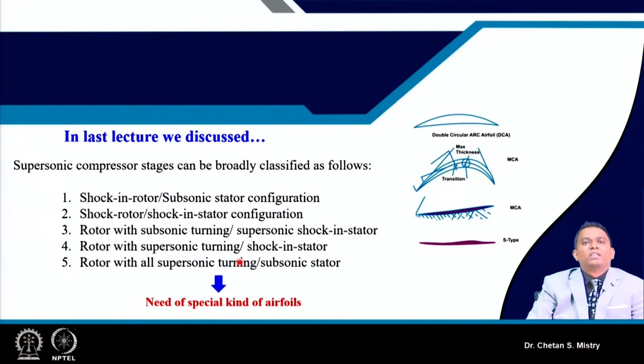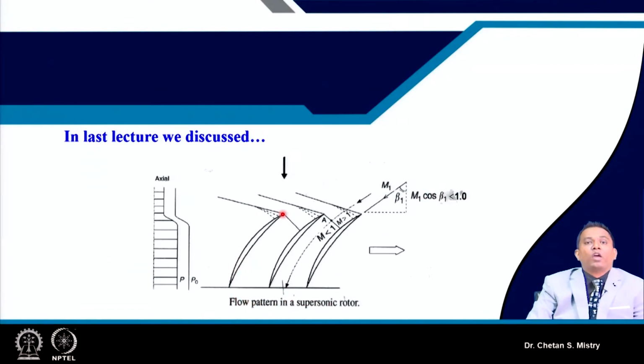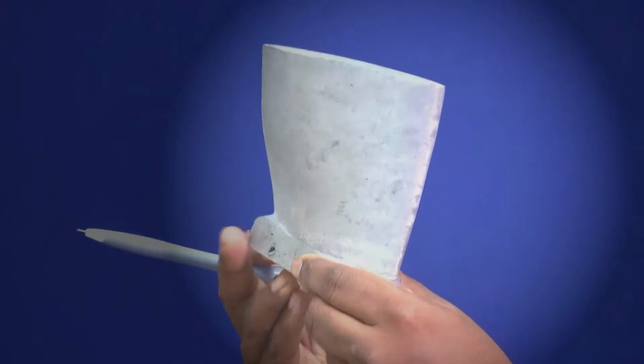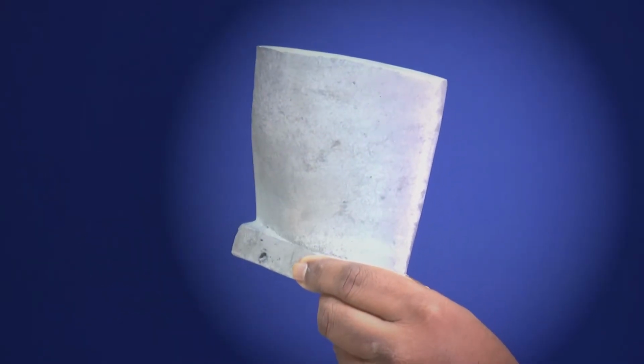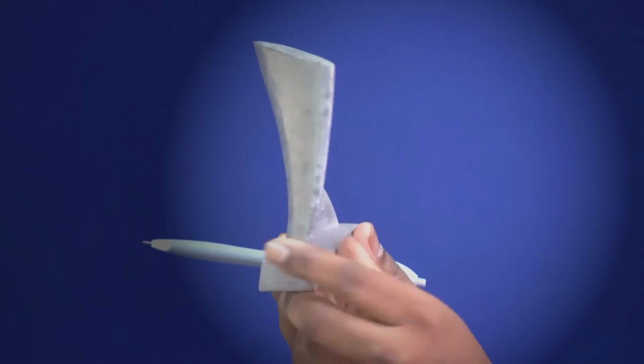Now, if we look carefully, the aerofoils we are talking about are different compared to what we have studied for the subsonic compressor. What was the structural difference? Here, this represents the subsonic compressor blade.